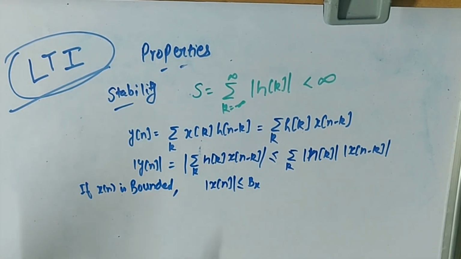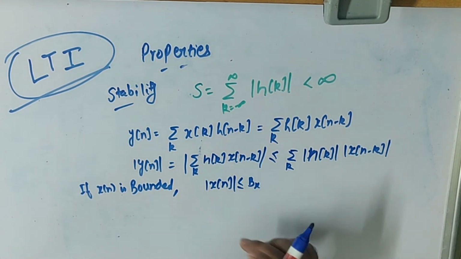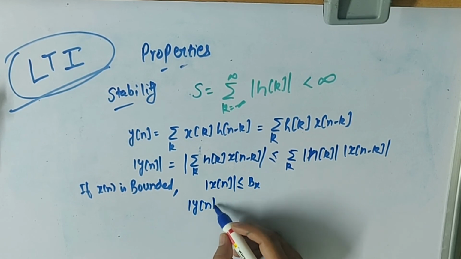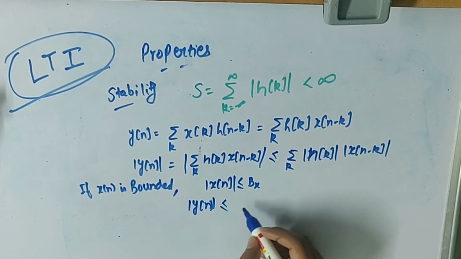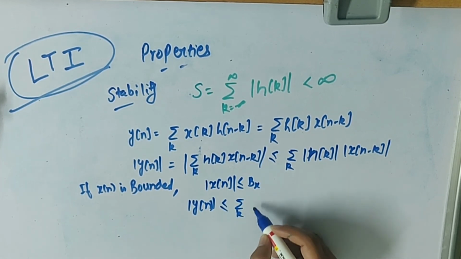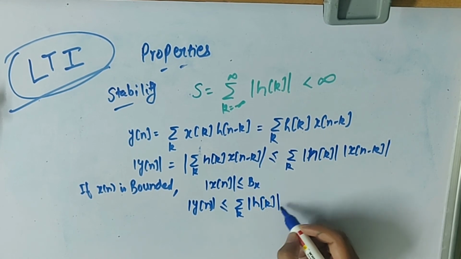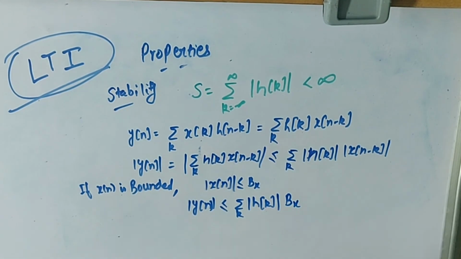Substituting this in this expression, mod of y[n] will be less than or equal to the summation over k of mod h[k] times Bx. Thus y[n] is bounded.